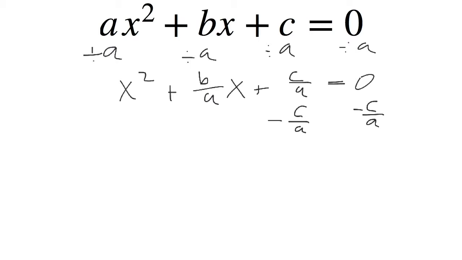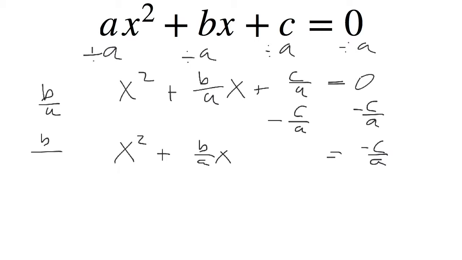The next step is to subtract c over a from both sides, and we get x squared plus b over a x, with a little space, equals negative c over a. What are we going to fill that little space with? b over a divided by 2, and that's the same thing as multiply by 1/2. b over 2a, and then when you square it, you get b squared over 4a squared.